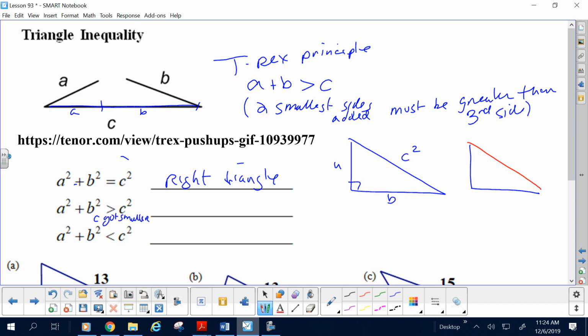If C gets smaller, then what has to happen for the triangle? Acute, obtuse, or right? Acute. If C gets smaller, it must be an acute triangle.